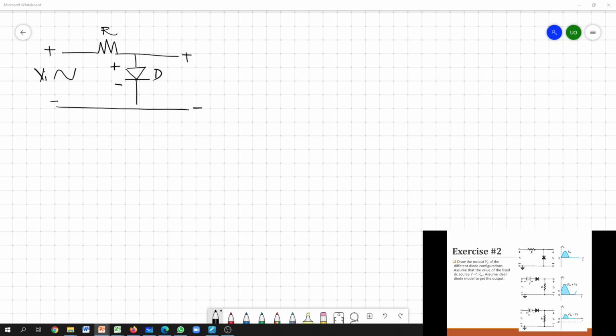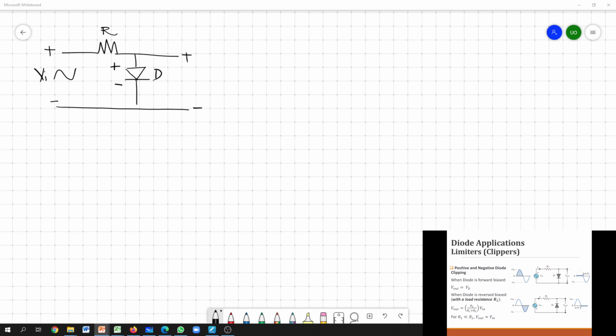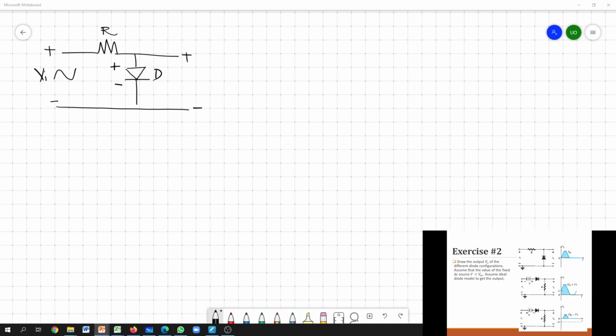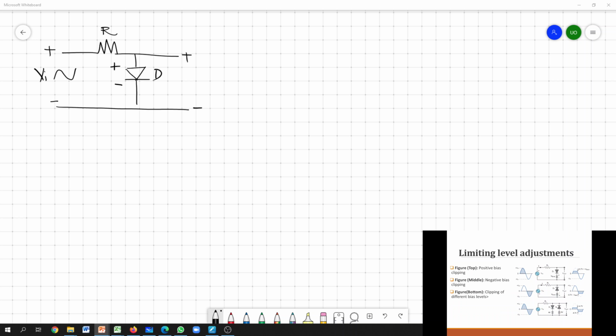So we found this kind of output. If this is your input, the output would be something like that.